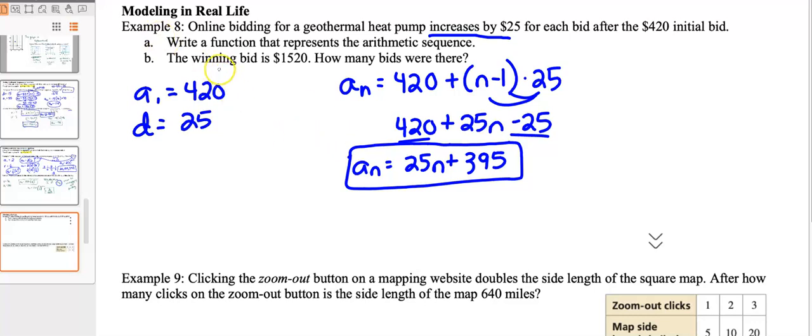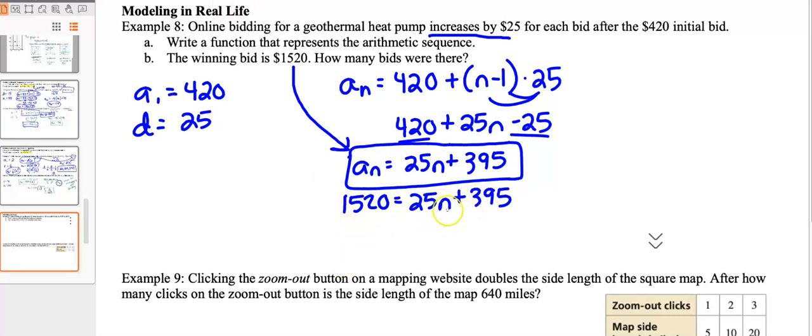Now, for part B, the winning bid was 1,520. So how many times did people bid? So in this case, my a sub n is that number. So I'm going to plug in 1,520 for my a sub n and figure out my n value, or how many bids there are. So to do this, I'm going to solve a normal two-step equation.